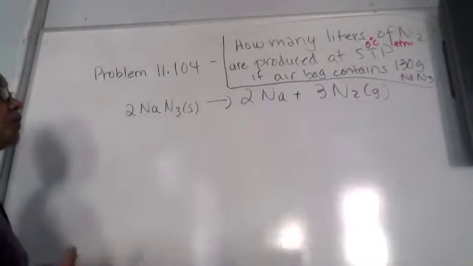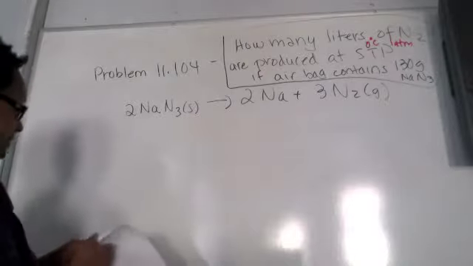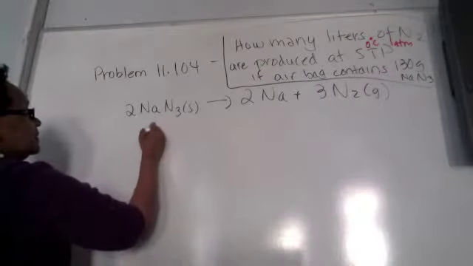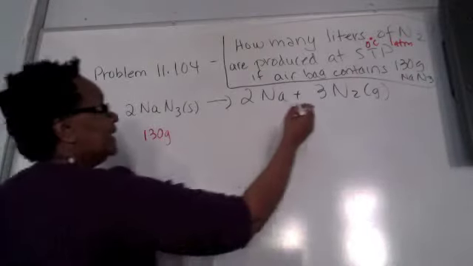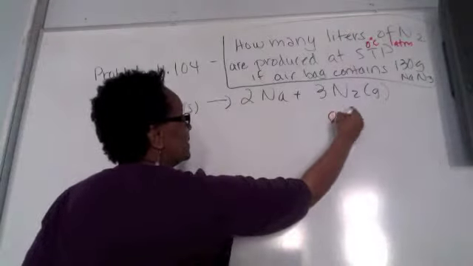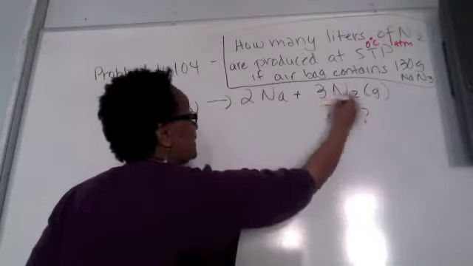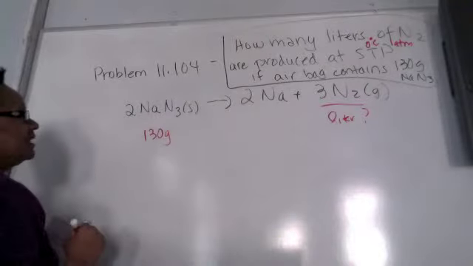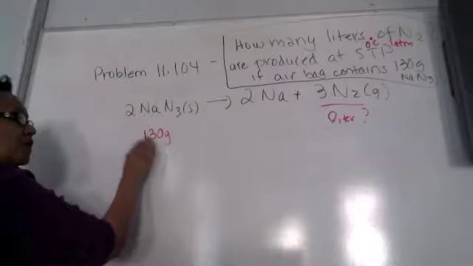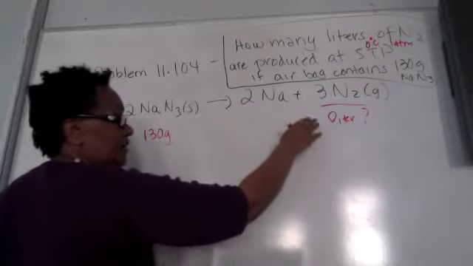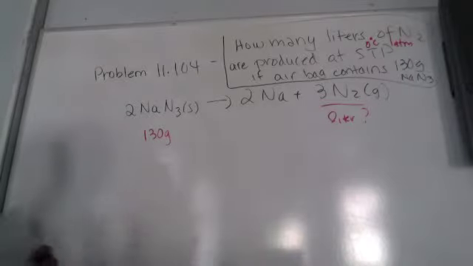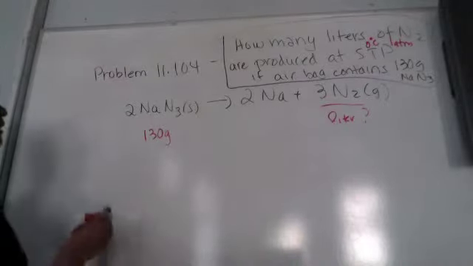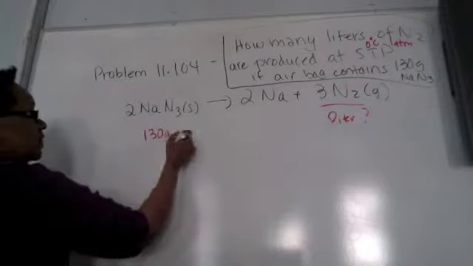Okay, so they give you 130 grams of this material, but they want to know how many liters of the nitrogen. And so if you have grams of one thing to get to liters of another, you're going to have to use stoichiometry. And so the first thing we do with stoichiometry, if you remember, we convert this to moles.